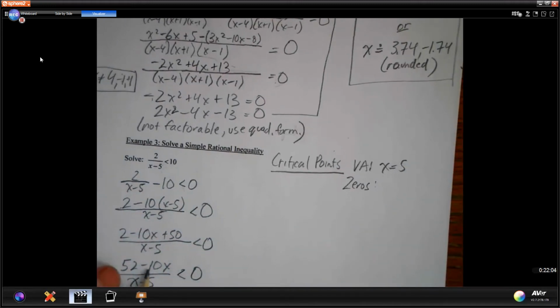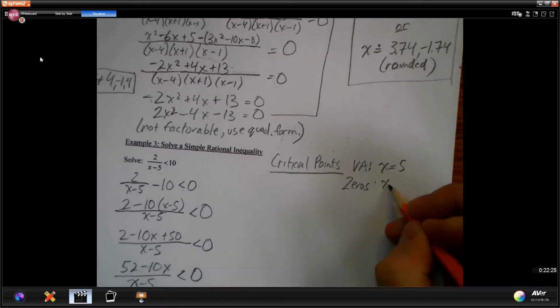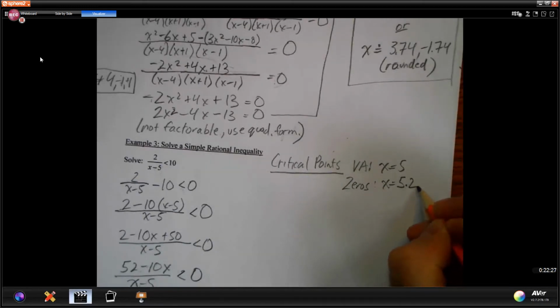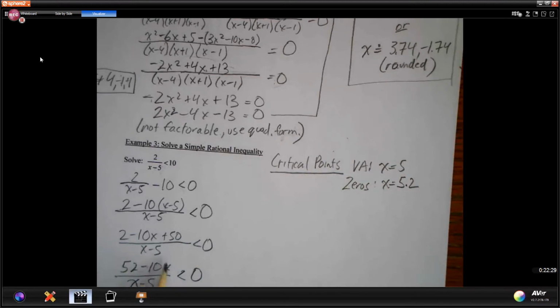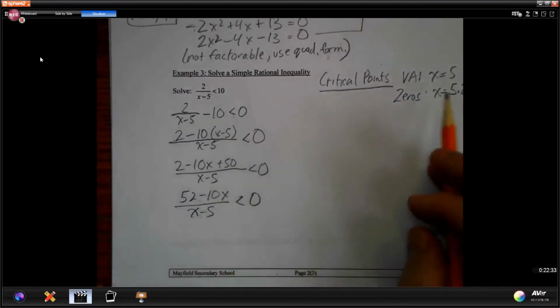Then I can find my vertical asymptotes by setting the denominator equal to 0, and I can find my zeros by setting the numerator to 0. So basically 52 minus 10x equals 0. 10x equals 52, so x equals 5.2 is my one and only 0. If you plug that back in, you'll see you get a 0 on the top. So I've got my two critical points.